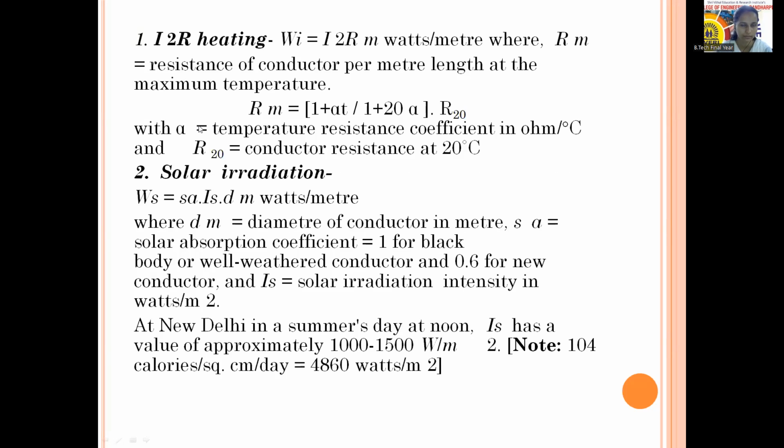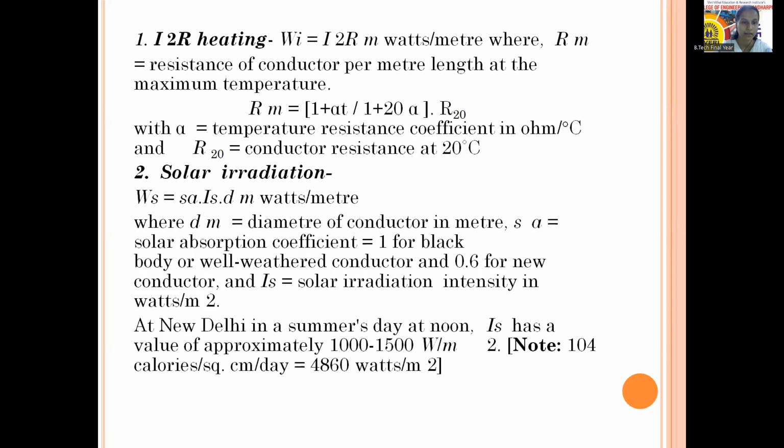Now, alpha is the temperature resistance coefficient in ohm per degree Celsius, and R_20 is the conductor resistance at 20 degrees Celsius.